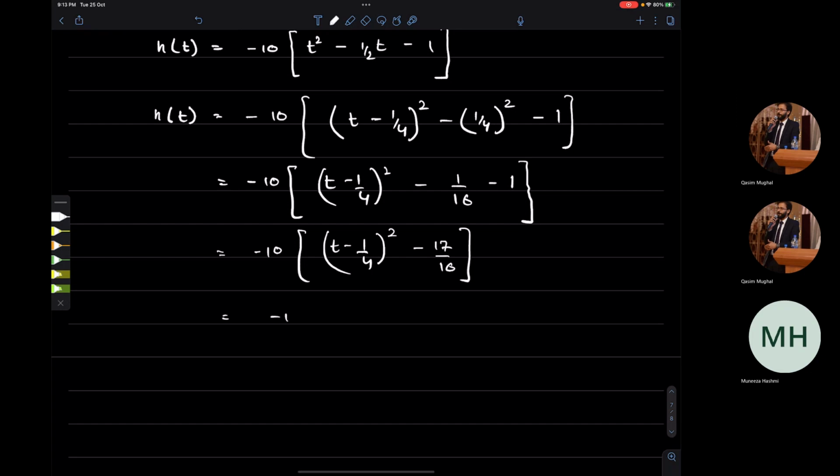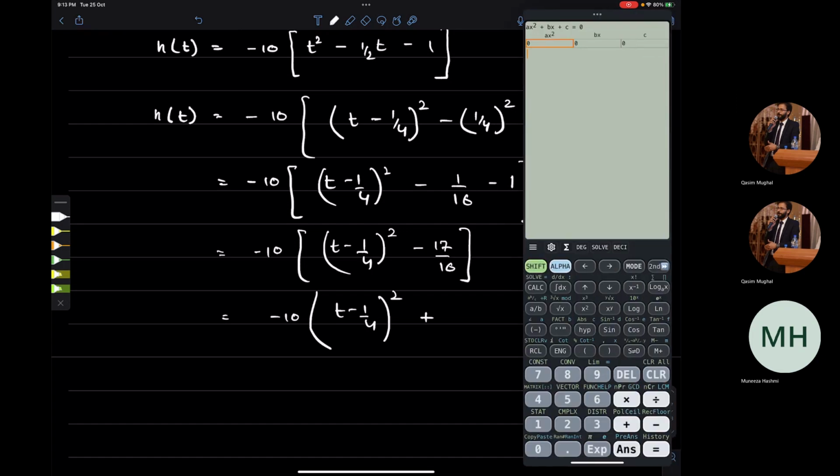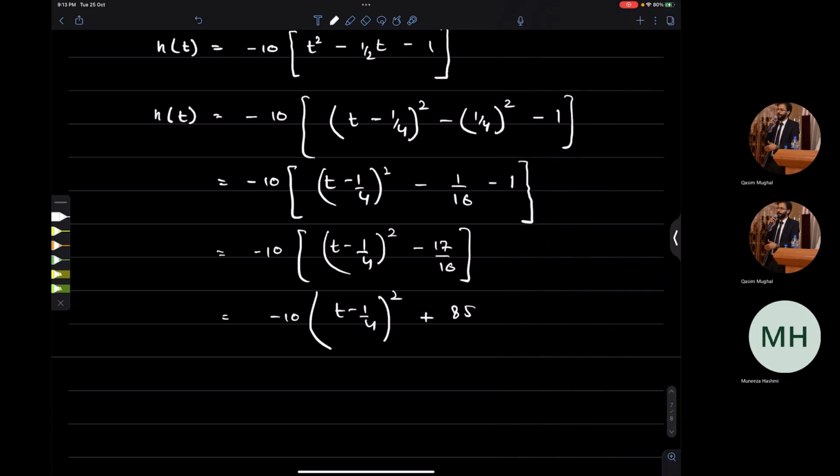Multiply 10 inside, so negative 10 t minus 1 by 4 whole squared, minus minus is plus 10 times 17 over 16. So 170 over 16 is 85 over 8.